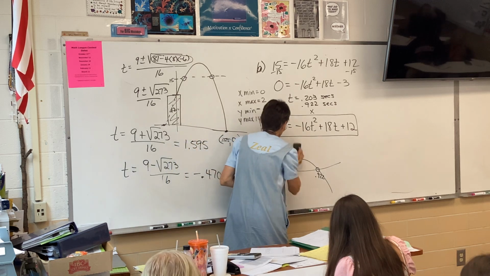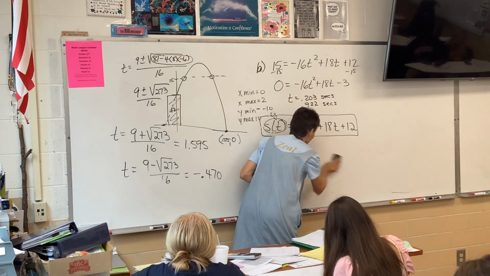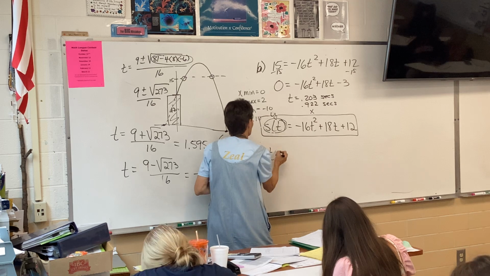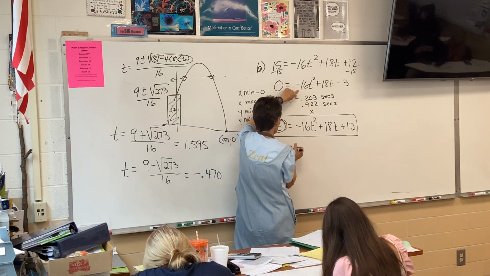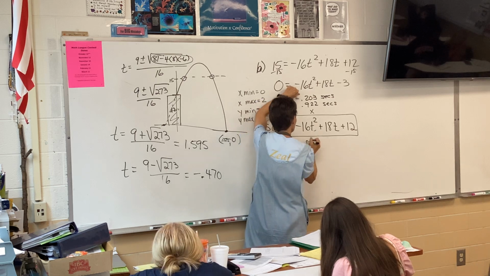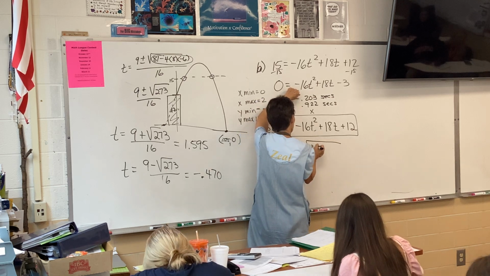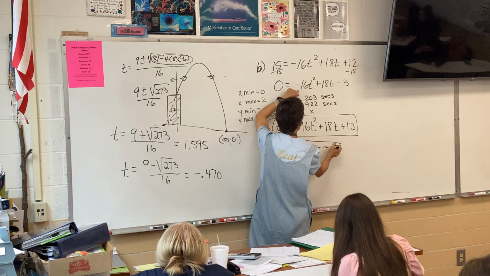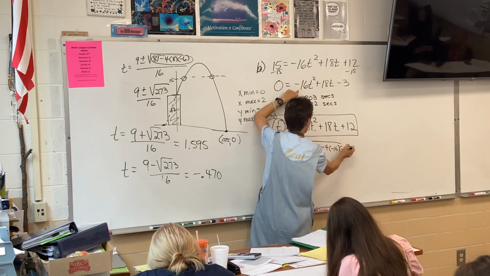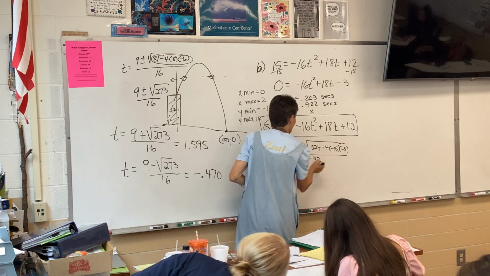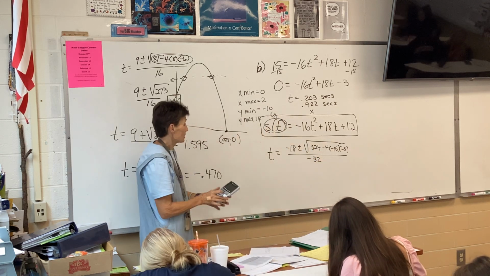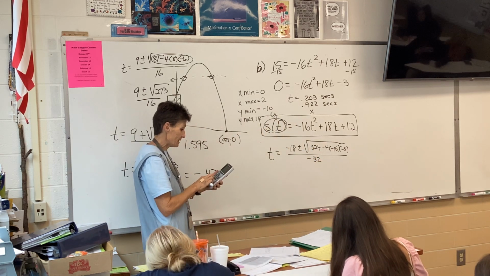Okay. If I use the quadratic formula, here's my equation. So I have -18 plus or minus the square root of 18 squared minus 4 times A times C. Boy, there's a lot of negatives there. All over 2A. So I'm going to figure out what that is in there.